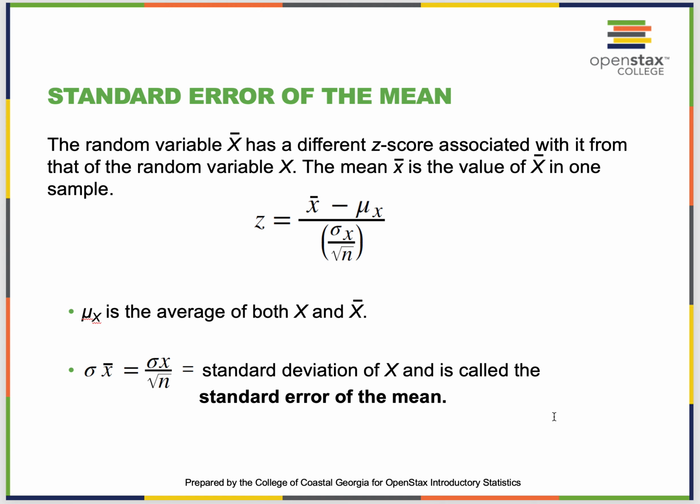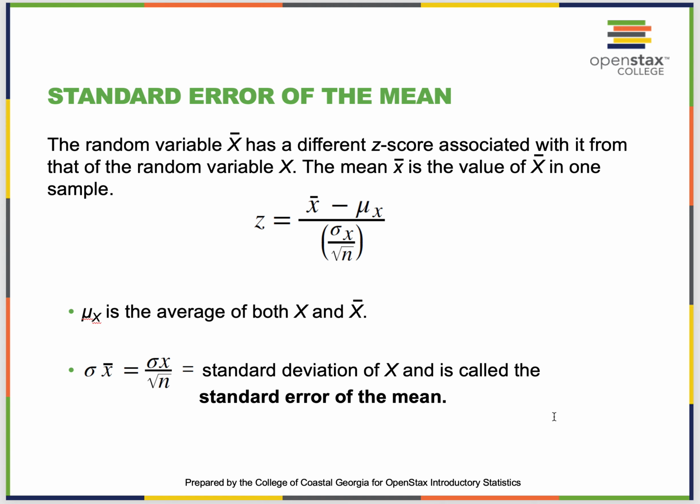Mu sub x is the average of both x and x bar. In other words, if I take several x bars and I take the average of all the x bars, I keep doing this experiment over and over again. I take samples of size n, and I calculate the mean, and I plot that distribution. The mean of those means, which is sometimes referred to as the x double bar, they put 2 bars on top of it, which means the mean of the means, has the same mu sub x as the population.